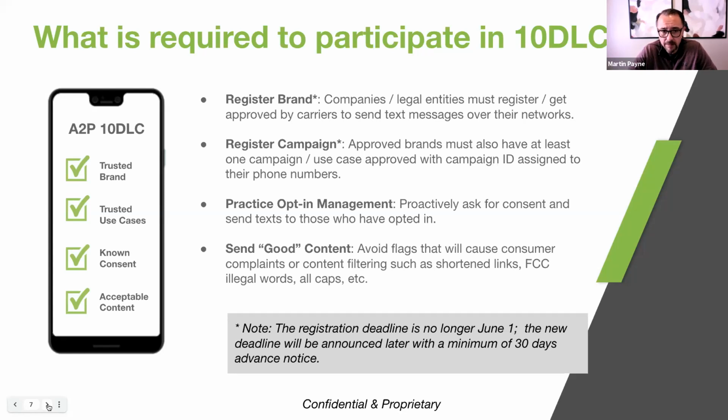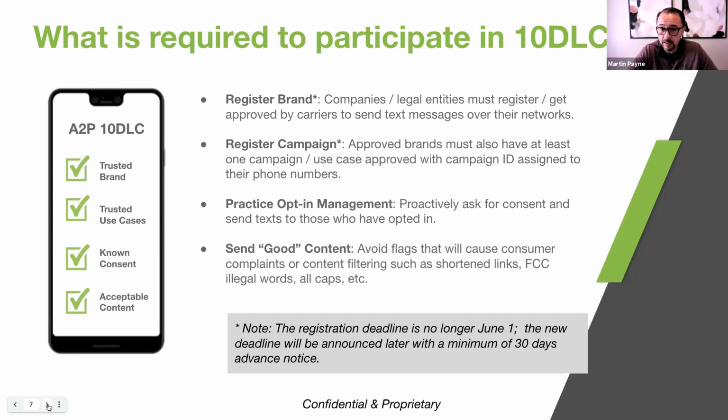The second step is registering your campaign. So once your brand or legal entity is registered, you'll register at least one campaign, because the campaign basically tells the carriers what you will be using texting for. An example might be marketing. It might be sales, customer care. There's a list of use cases that you register under that tells the carriers how you will be using texting over their networks.